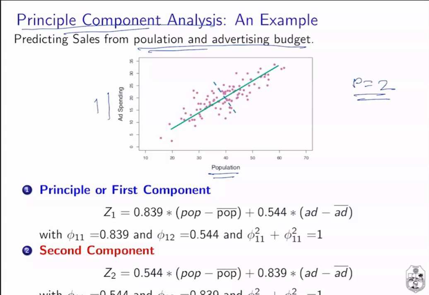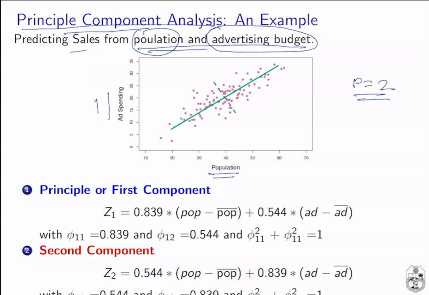Our objective is to predict the sales volume from the population, which is one input feature, and the other input feature is the advertising budget. Consider that this population is expressed in thousands, so 10 means 10,000, 20 means 20,000, 30 means 30,000. And here also the figure is in thousands, meaning rupees spent on the advertising budget, like 10,000, 15,000.